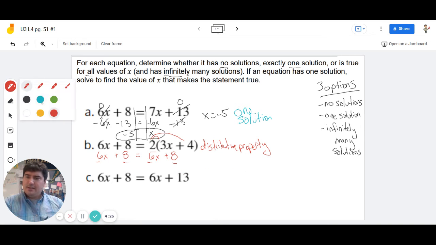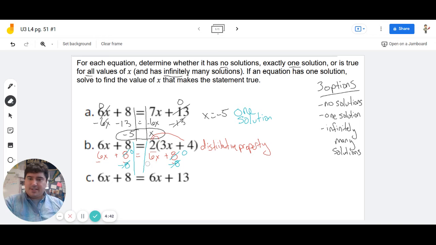Because if we take away 8 from both sides, this goes to 0, this goes to 0. Then we have 6x on each side of the equation, so let's divide by 6. And we're left with just x equals x.